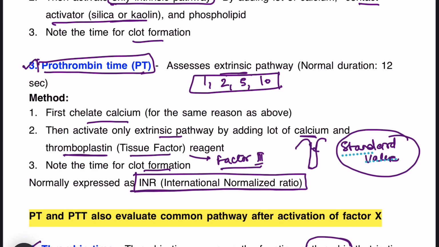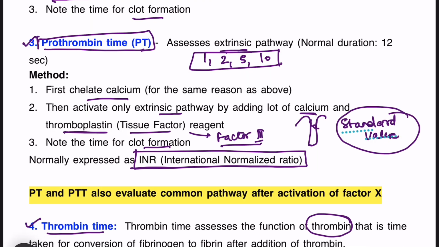That is the standard. Now, with our sample, whatever prothrombin time we get, we determine the ratio with the lab prothrombin time, and that is known as international normalized ratio. So remember, PT will be prolonged in extrinsic pathway problems, APTT will be prolonged in intrinsic pathway problems, and both of them will be prolonged if there is a factor deficiency of the common pathway.